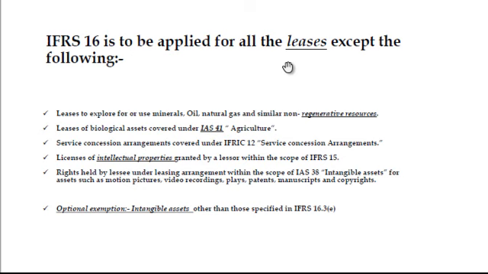Service concession arrangements under IFRIC 12 are not covered. Then intellectual property licensed by the lessor, as per IFRS 15, revenue from contracts with customers. The fifth one is a bit confusing. They have mandatory exemptions and optional exemptions.